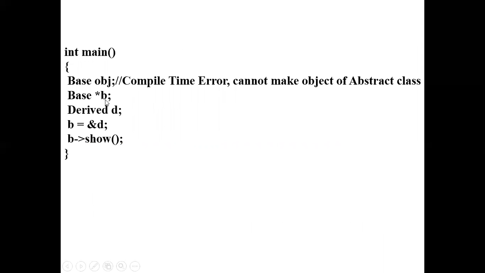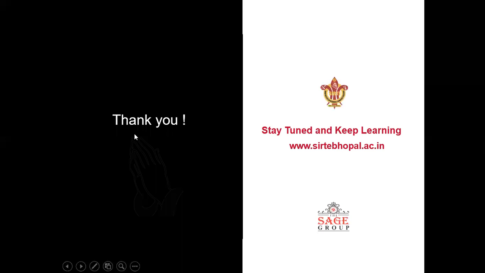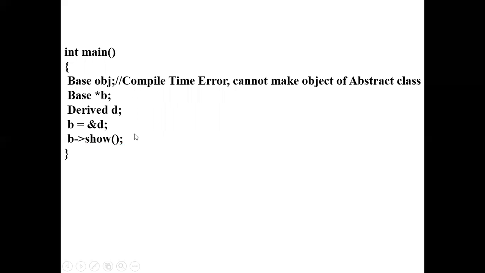We will simply make a pointer of the base class and assign the address of derived classes to it, and we can show it. Now with the help of this, we have seen what function overriding is and how to solve the problem of function overriding.